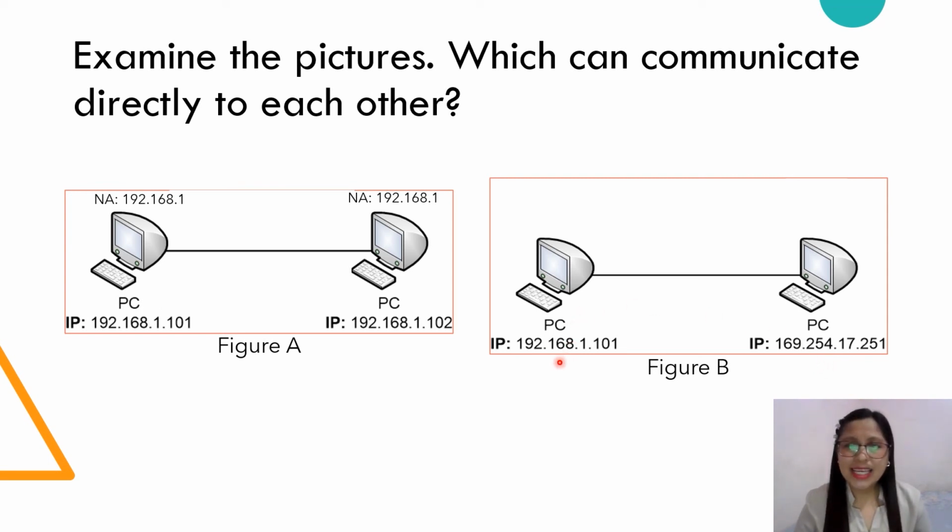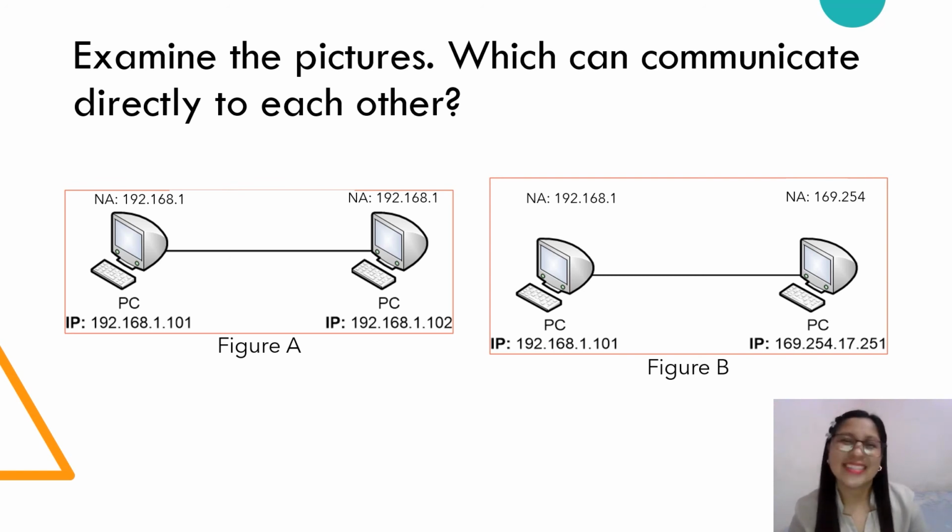The first IP is class C, and its network address is 192.168.1, while the second IP is class B, which has a network address of 169.254. Do you think both computers belong to the same network? You are correct. They are in different networks since they have different network addresses.